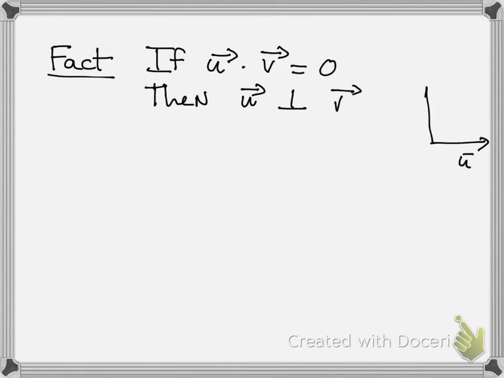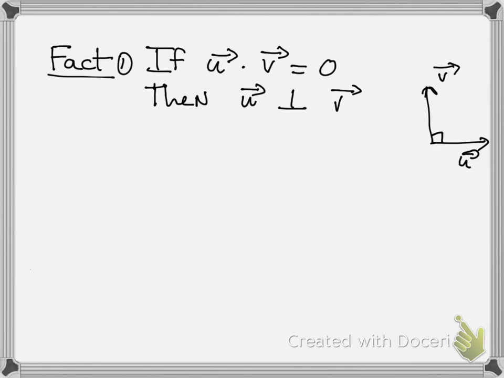So here's U, V. Whenever you want to check that two vectors are perpendicular, all you have to do is compute the dot product. If the dot product is the number 0, then the two vectors are perpendicular. Okay. Now that's fact number 1.